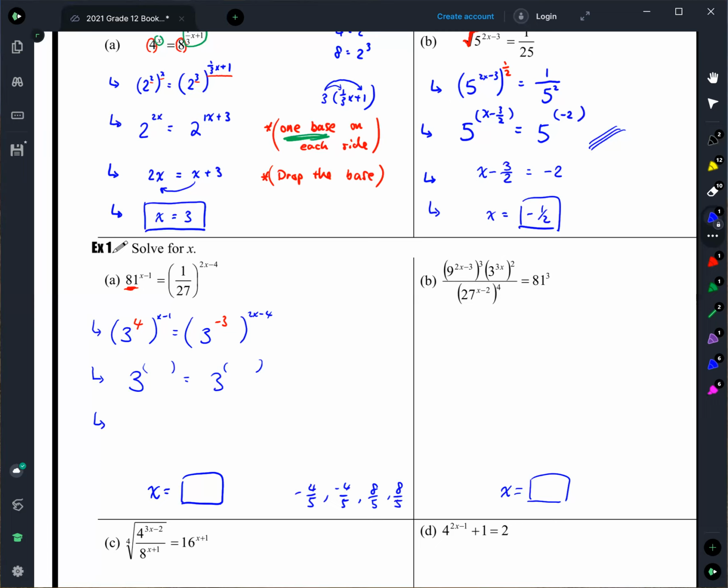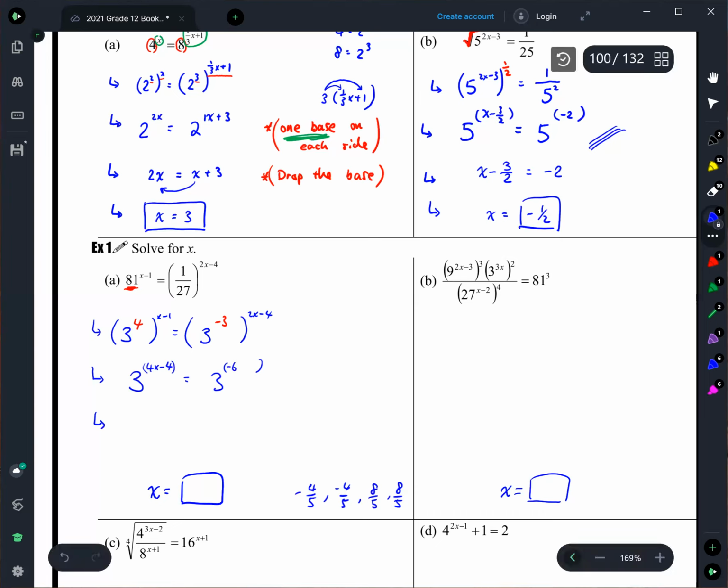Okay, so let's check. So for the left side, we need to multiply the exponent. So 4x minus 4. Okay, for the right hand side, you multiply the exponent, you get -6x plus 12. Because negative times negative gives you positive 12. So now you can drop the base. Left exponent should equal the right side exponent.